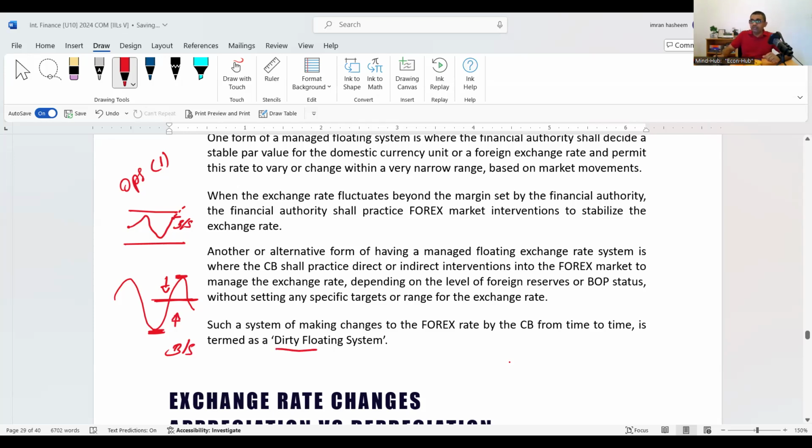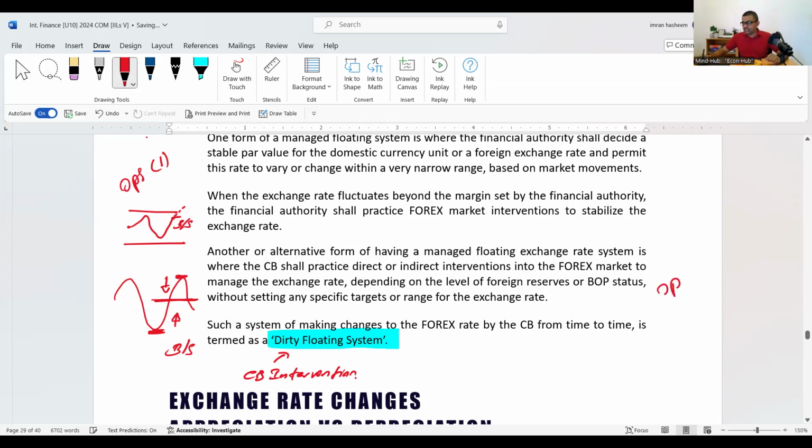It's called what floating? Dirty floating. The float is made dirty by central bank intervention. When the central bank interferes, you make the float dirty. A clean float is when it is decided by demand and supply. Is that clear? Right, so the two methods are clear.